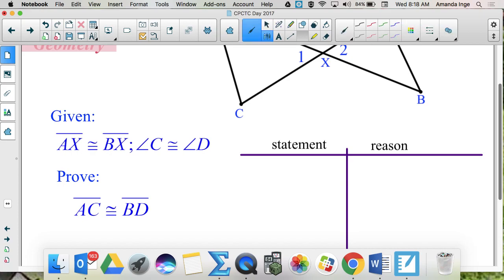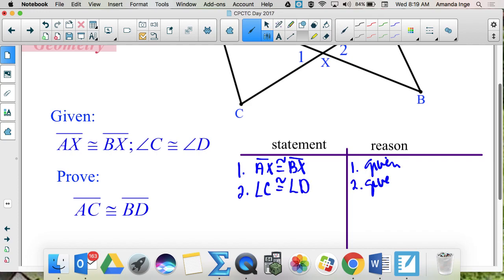So our given information is AX is congruent to BX. We'll make that number 1 given. We know that angle C is congruent to angle D. That's also given. Let's go back and mark it on our paper.